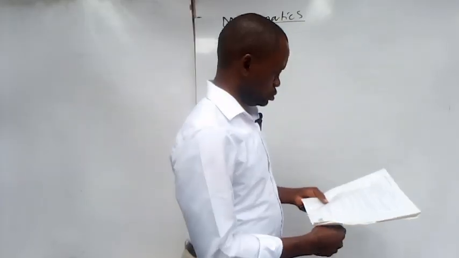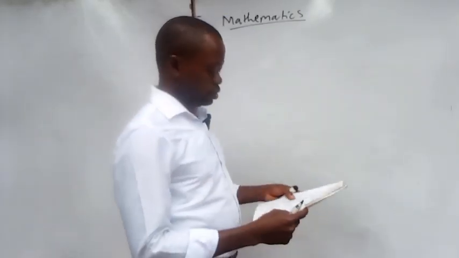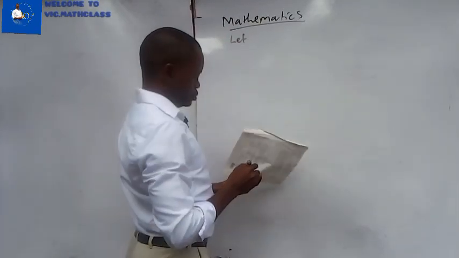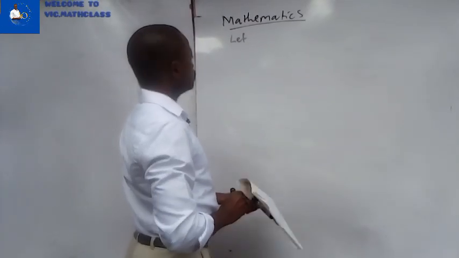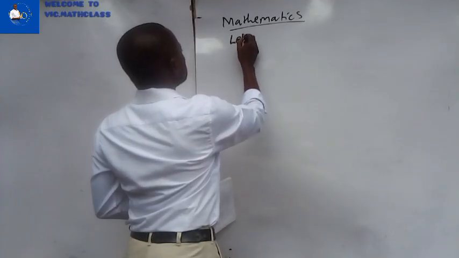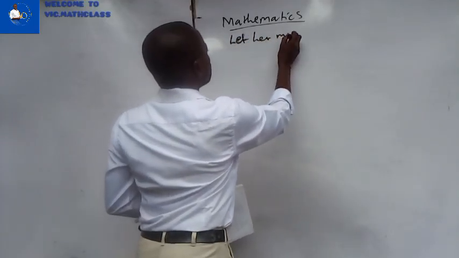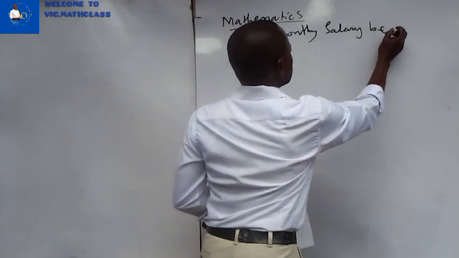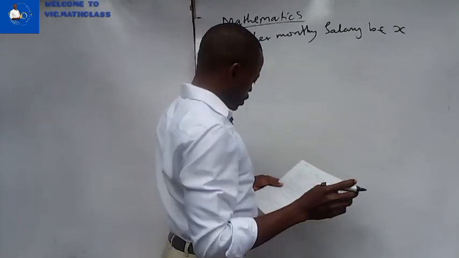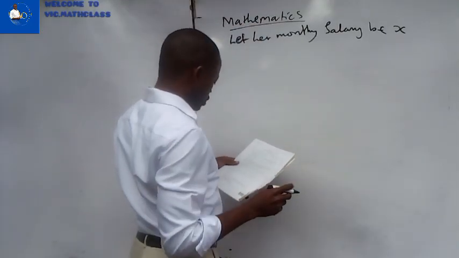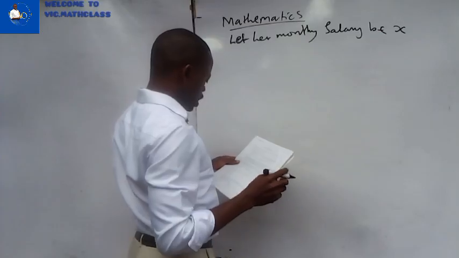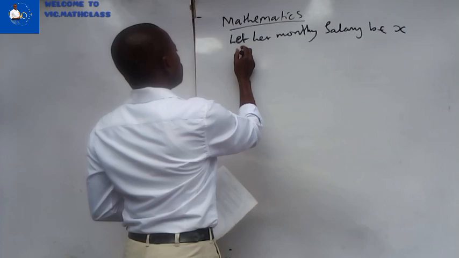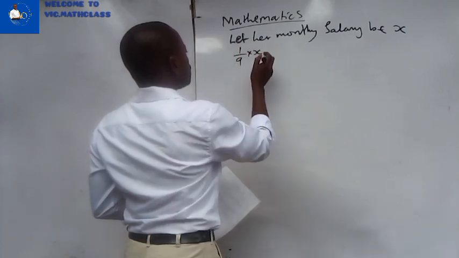So I can say, let this woman's monthly salary be X, or Y, or any variable you can use. For her to spend 1/9 of the salary, we have 1/9 times that salary.